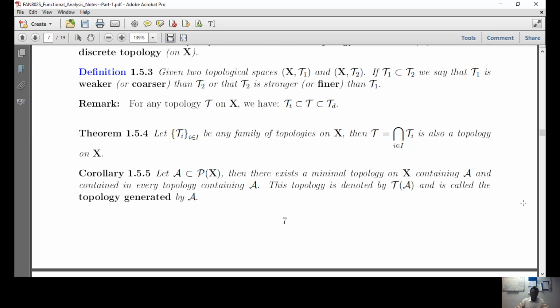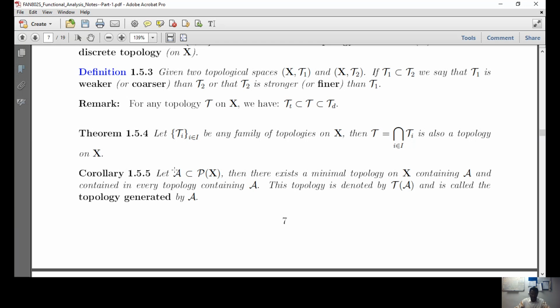It's still a topology on X. And similarly, we can define the topology generated by a subset or a family.